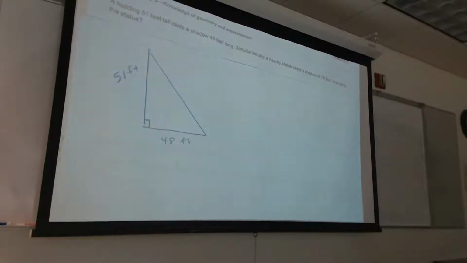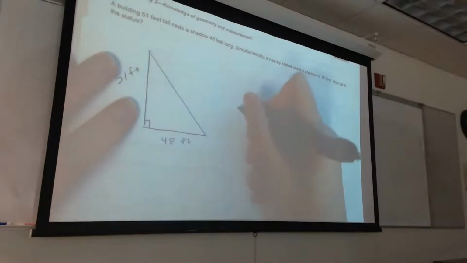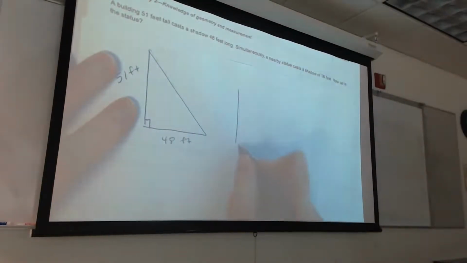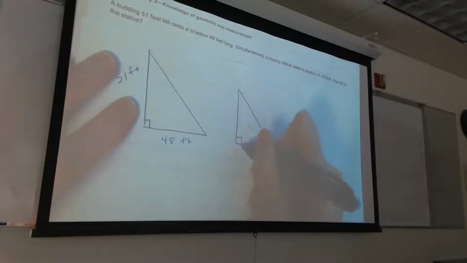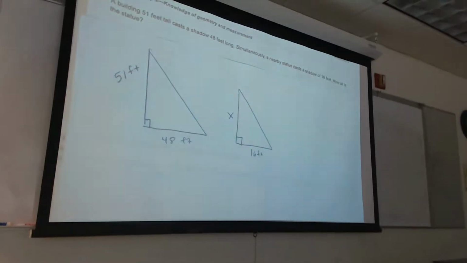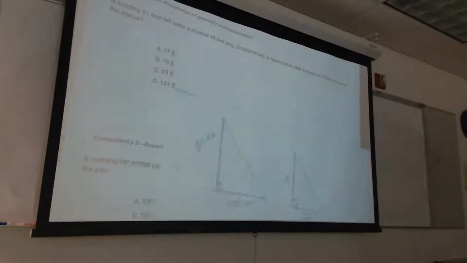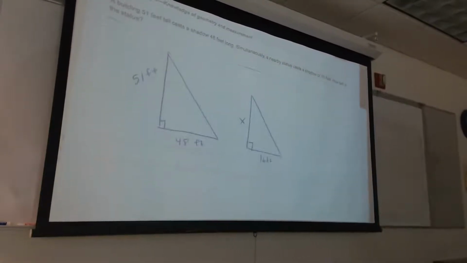I've also got a statue, and the statue is however tall it is, and its shadow is 16 feet. And we want to know how tall the statue is. Now I'm going to do a quick check in my head: everything's in feet. Are the answer choices in a unit? They're also in feet, so we're good to go. We don't have to change any units.